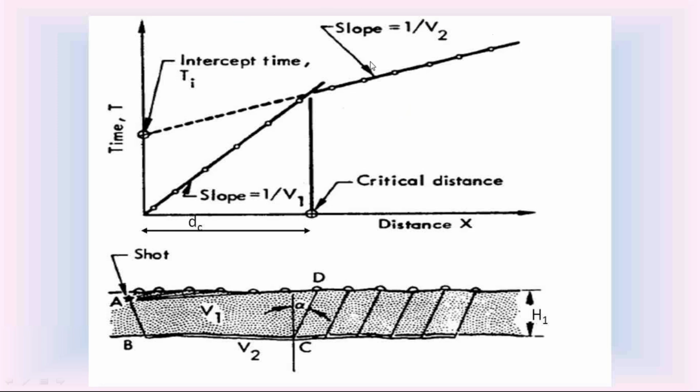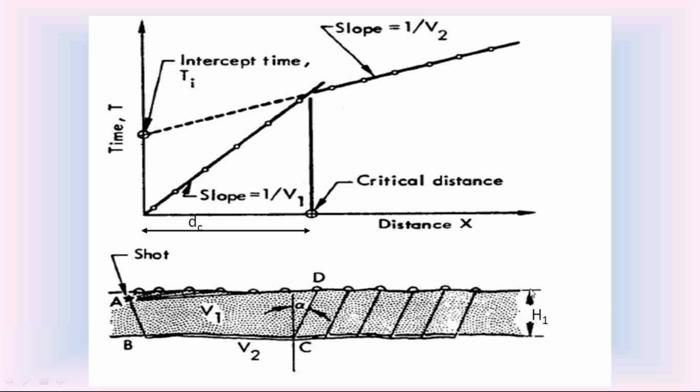So from this graph, we know the distance DC, the velocity V1 and velocity V2. By knowing those values, distance DC, velocity V1, velocity V2, we can find out the height H1 of the first soil layer below the ground level.